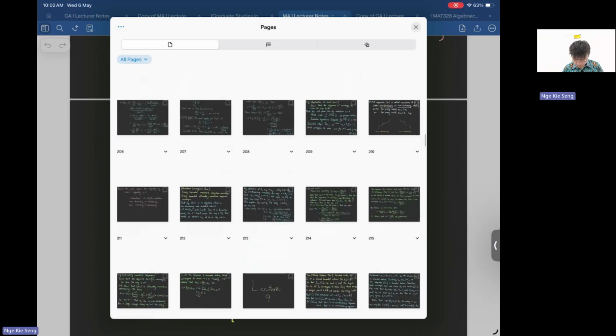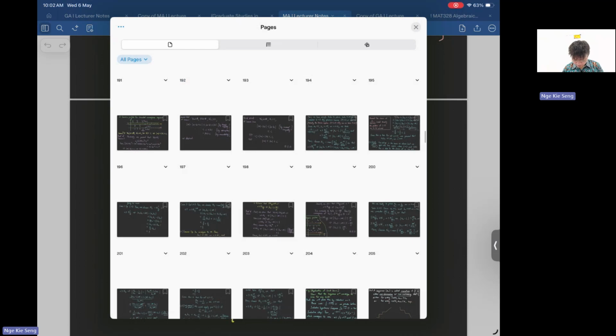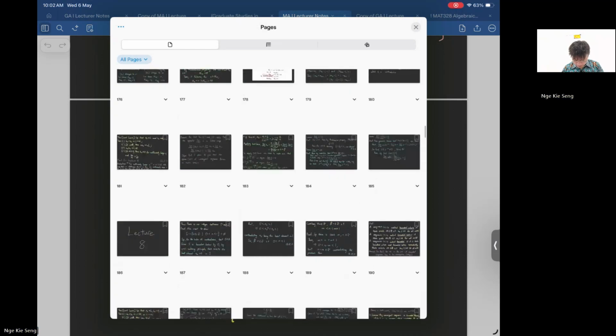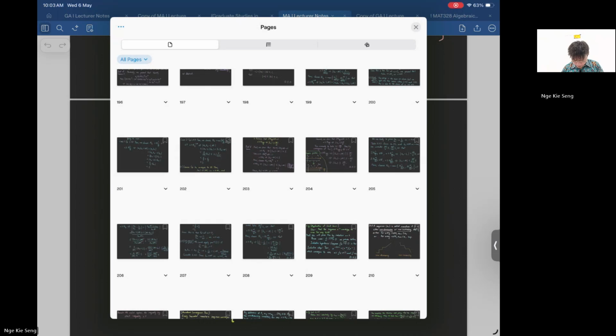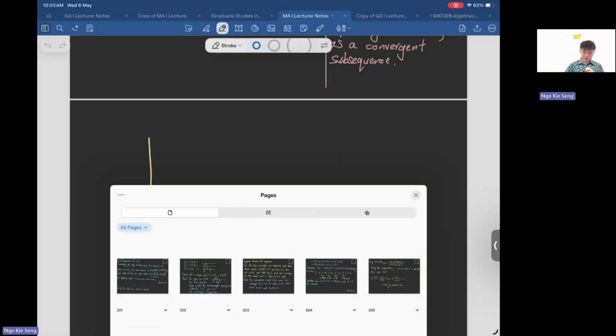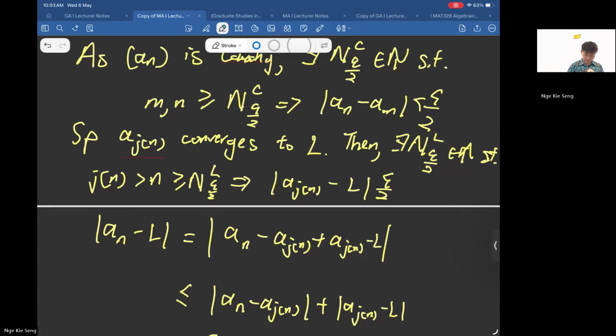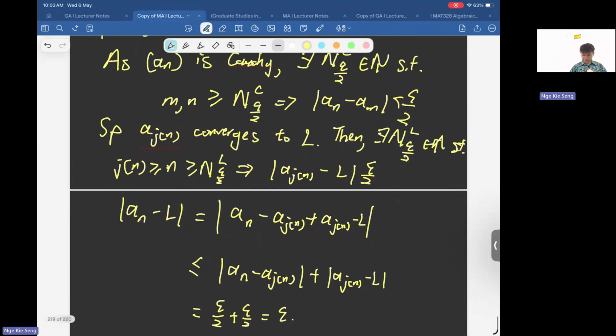Yeah, I think the lemma we proved last time is greater or equal. Yes, it's greater or equal to. Okay.